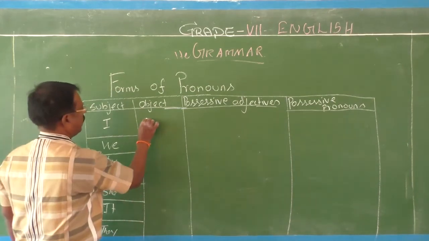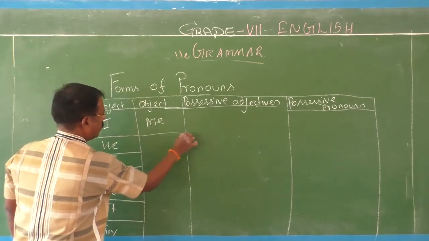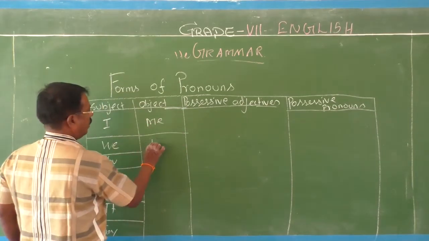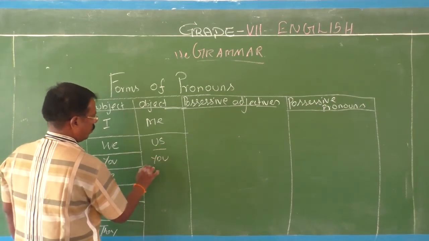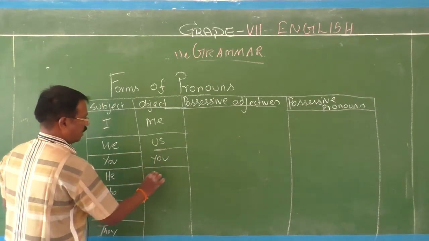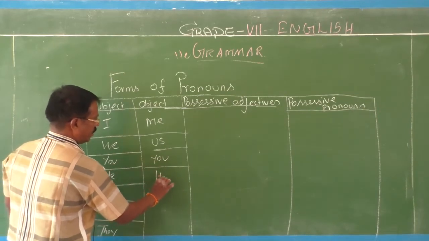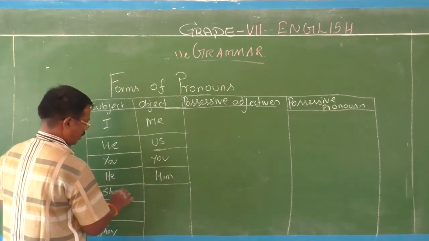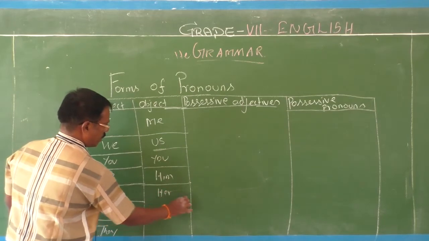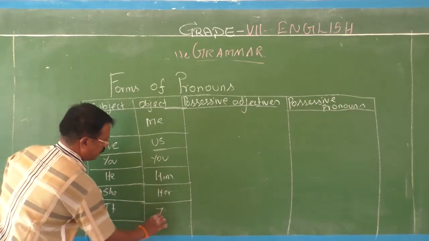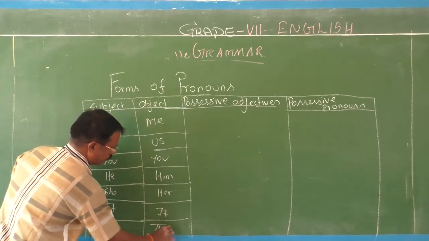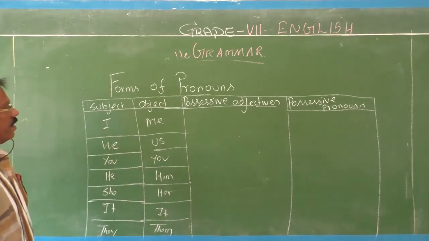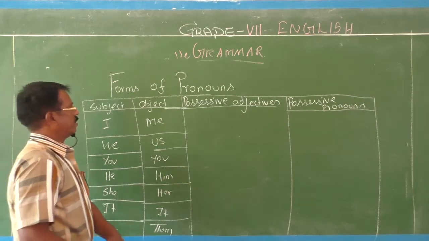Next, object: I, me. Okay, we, us, you, you, he, him, she, her, it, they, them. Okay.